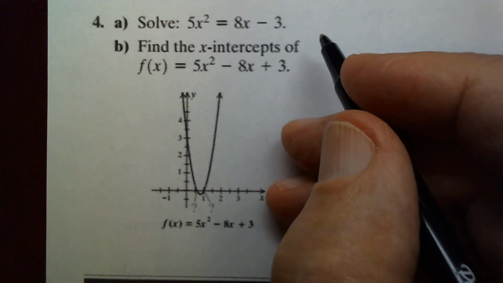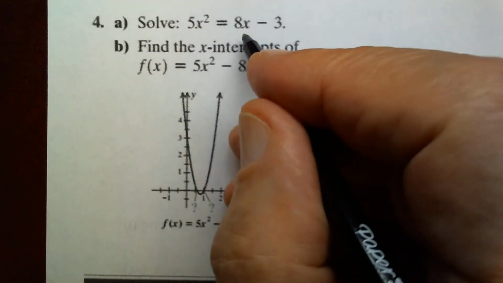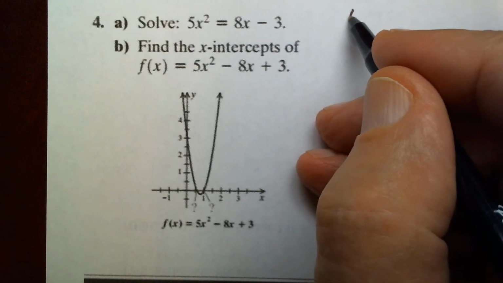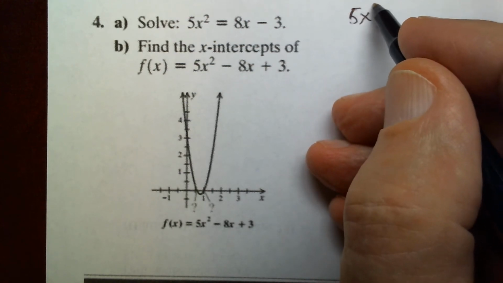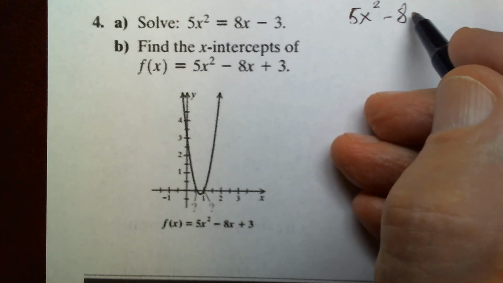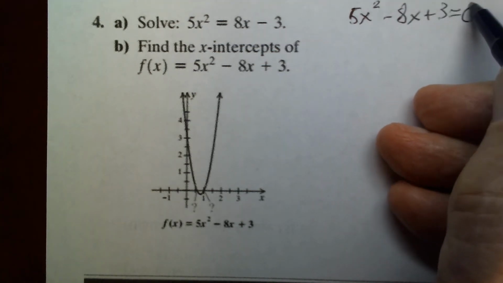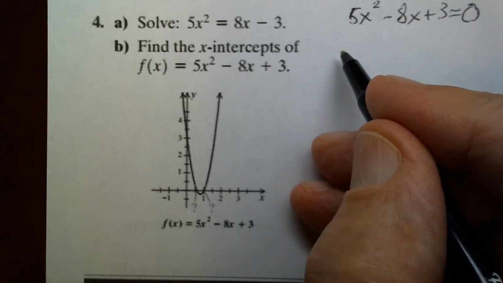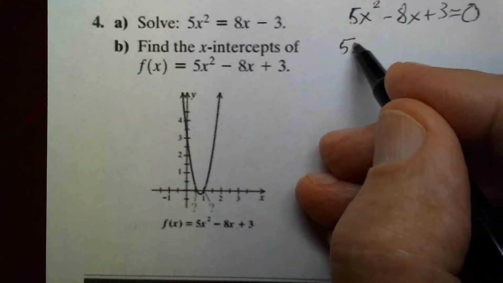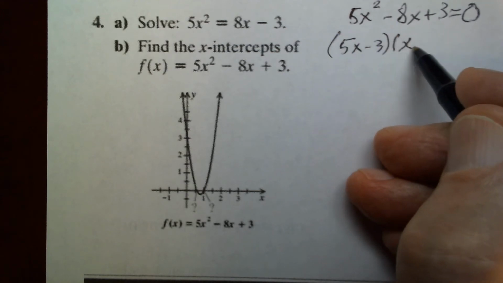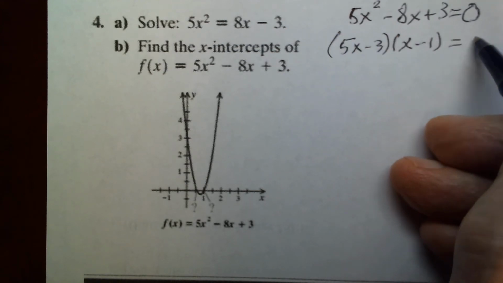In exercise number 4, when we write the quadratic equation in standard form, we get 5x squared minus 8x plus 3 equals 0. And we can factor this trinomial into 5x minus 3 times x minus 1 equals 0.